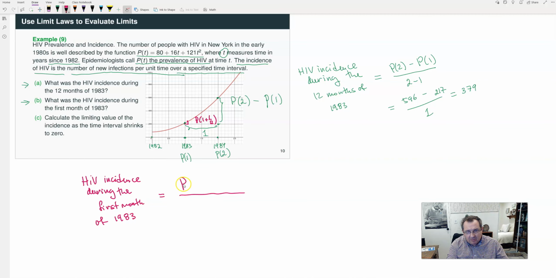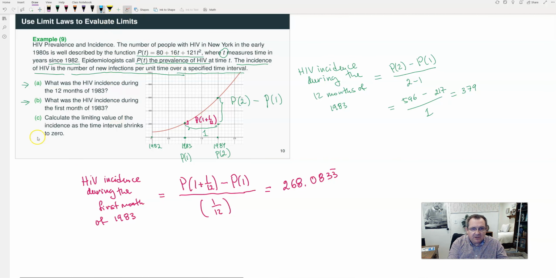We will take P at 1 plus 1/12, we subtract P of 1, and we divide by the time difference. The time difference is 1/12. Again, we can substitute the numbers, and according to my computations, what we should get is something like 268.083333.